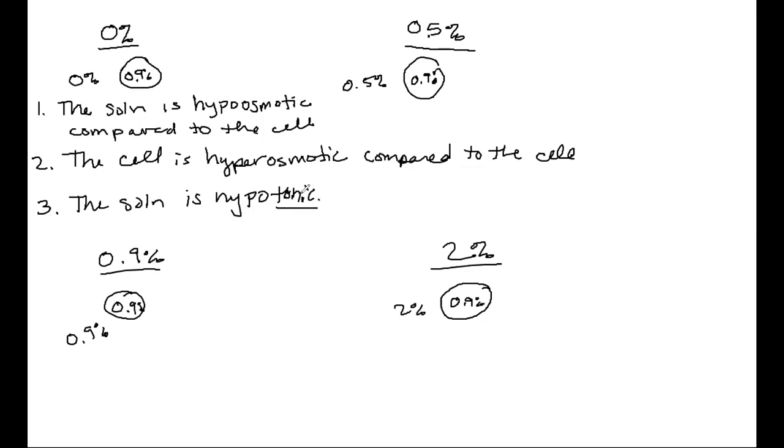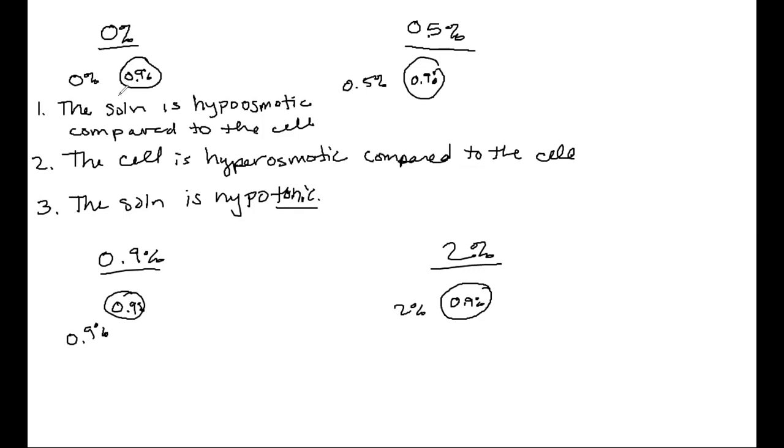So the root of tonic means that there's a cell in there, right? So that's how you use tonicity appropriately. You're always naming the outside solution. You're assuming that a cell is there, and whatever solution you put that cell in, it's going to dictate what way water moves. So the cell is always 0.9%, and you're always naming the outside solution.